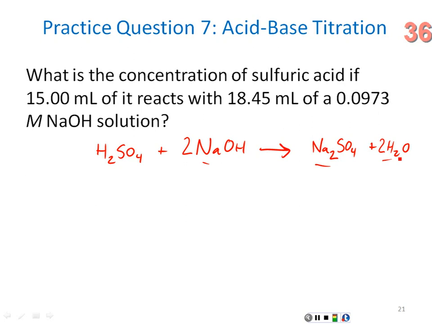And the reason we write that equation now is to see that 1 mole of H2SO4 needs to react with 2 moles of NaOH. So at the equivalence point, the number of moles of NaOH will be 2 times the amount of moles of H2SO4.